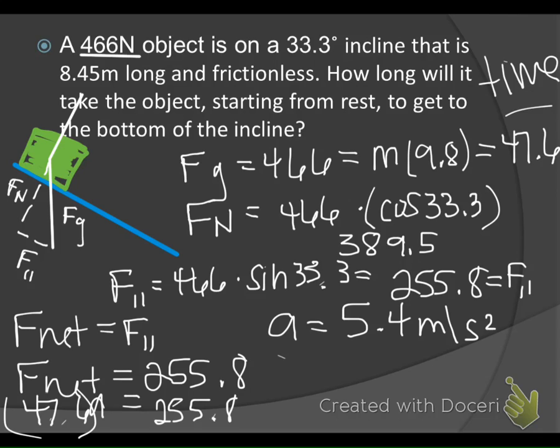Okay. Are you done? No, you're not. Okay, you still have to solve for time. So in order to do that, we need to go back to our kinematics equations, and I'll give you these equations, but the one you're going to use is x equals x sub o plus v sub o t plus 1/2 at squared.